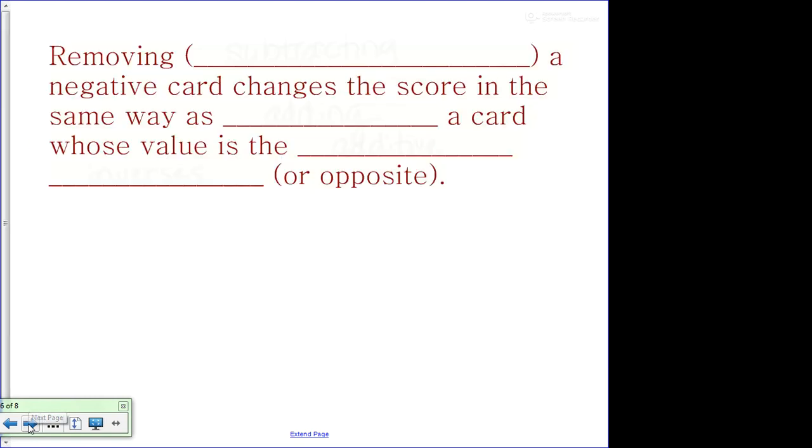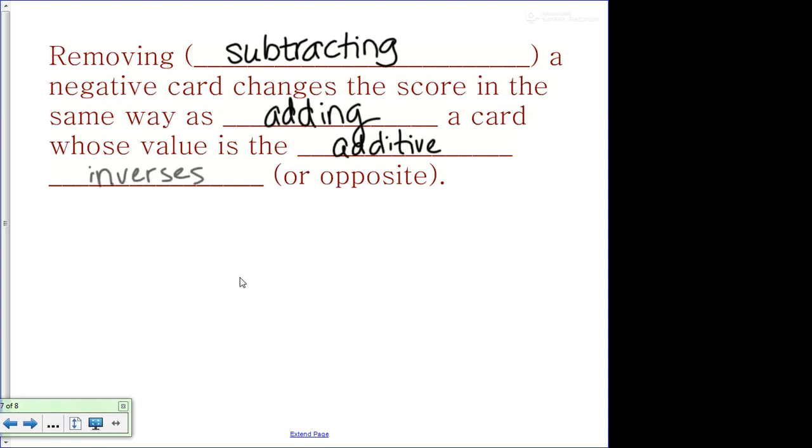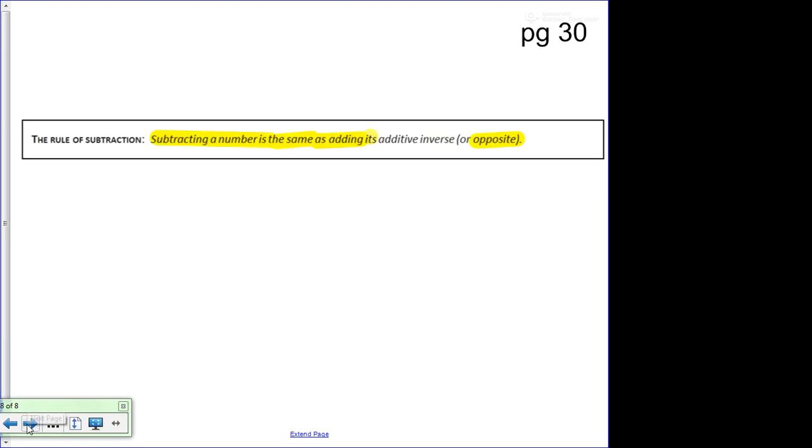And again, at the bottom of page 28, there's a summary. So if I subtract or remove a negative card or number, it's the same thing as adding that additive inverse or the opposite. So subtracting is just adding the opposite. Interesting. And that rule also appears at the top of page 30 in a tiny little box.